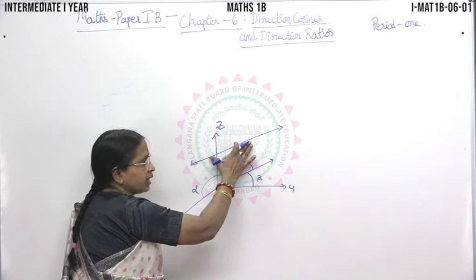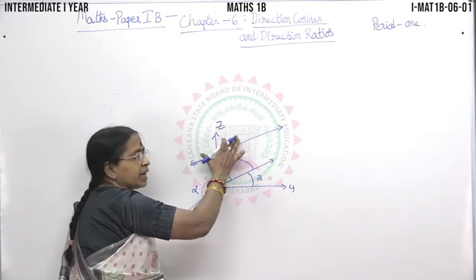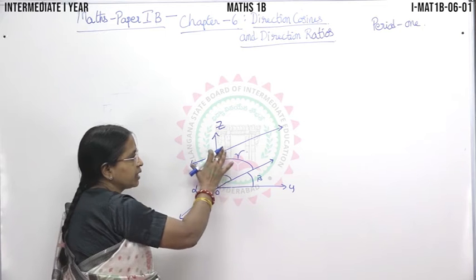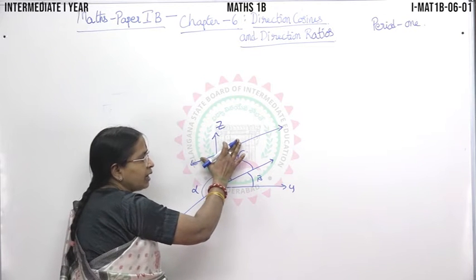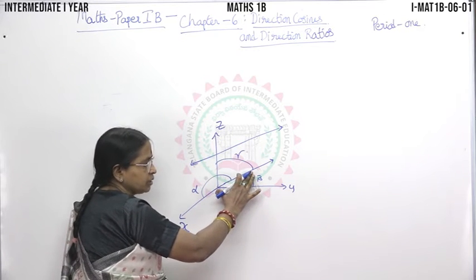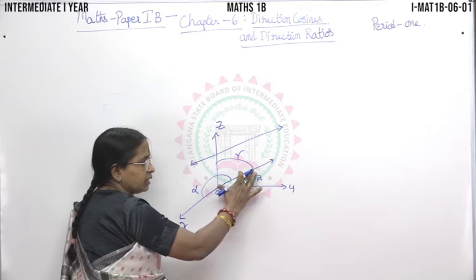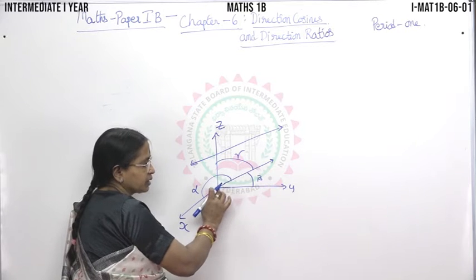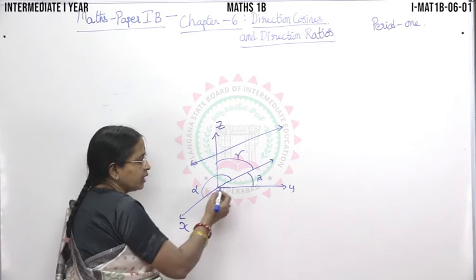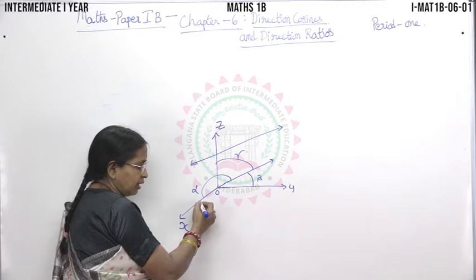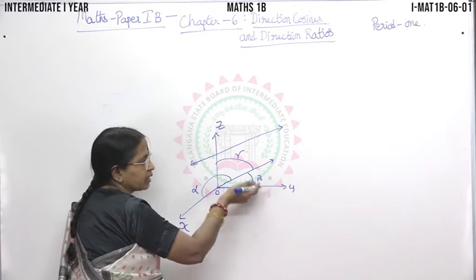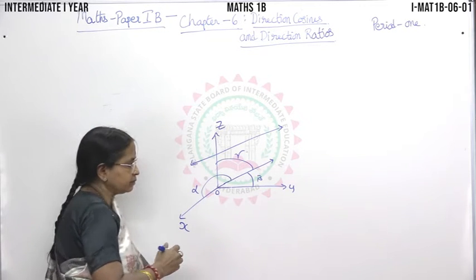So consider a line. To find its direction cosines, we'll draw a line parallel to it and passing through origin. Consider the ray part of it, half line passing through origin like this. Then it makes some angle alpha with x-axis, beta with y-axis, and gamma with z-axis.